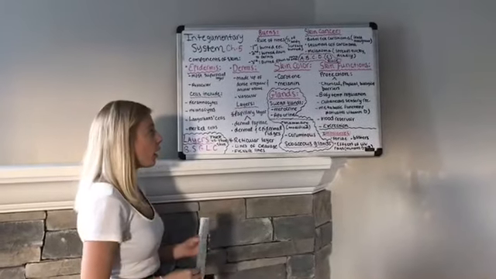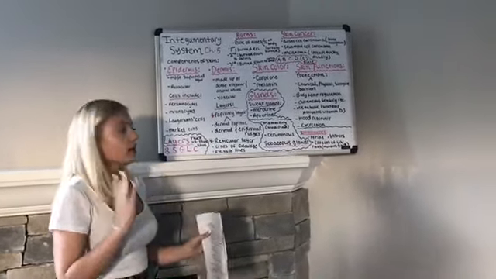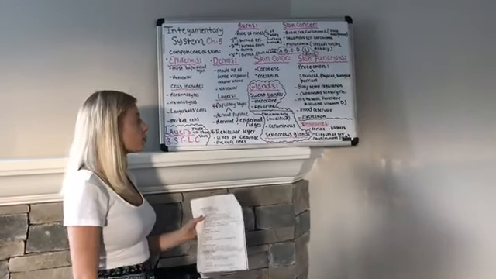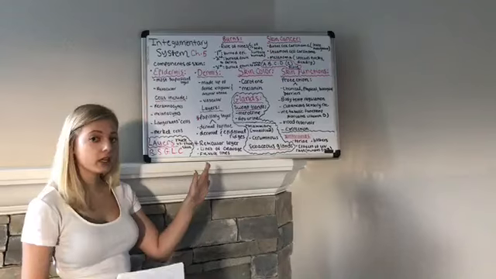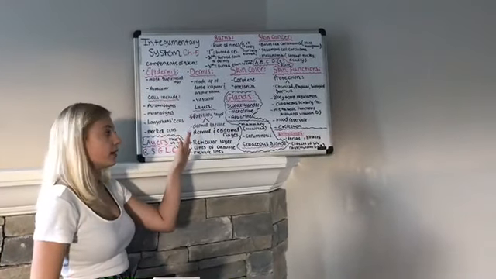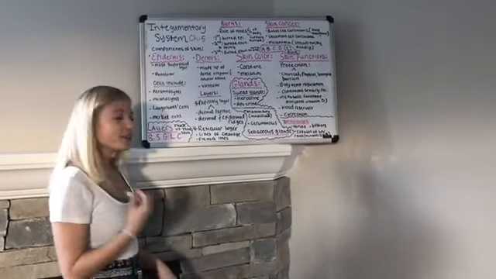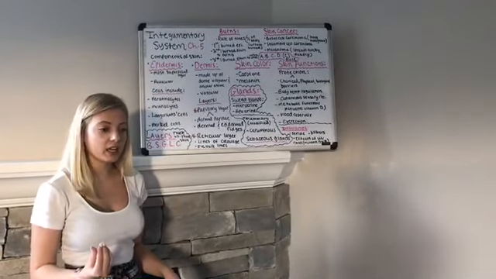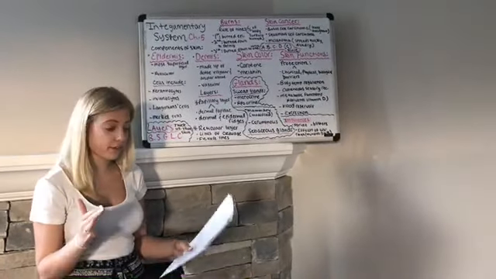So now for glands. We've got sweat glands and oil glands. Sweat glands are also called sudoriferous glands, and there are merocrine and apocrine sweat glands as the two main types. Merocrine sweat glands are found in the forehead, the palms of the hands, and the soles of the feet.